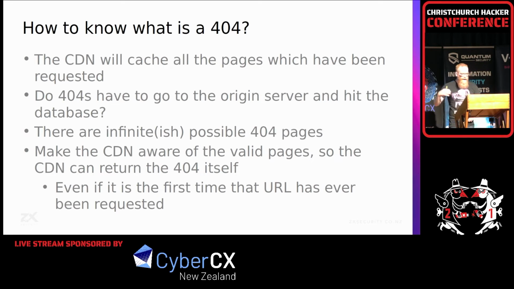So it's doing 5, 6, a dozen database lookups before it can actually return the 404. So you've got to find a way of telling your CDN, these are all the valid URLs. If it's anything else from the edge, can you please serve a 404? Don't come back to the server to do that.